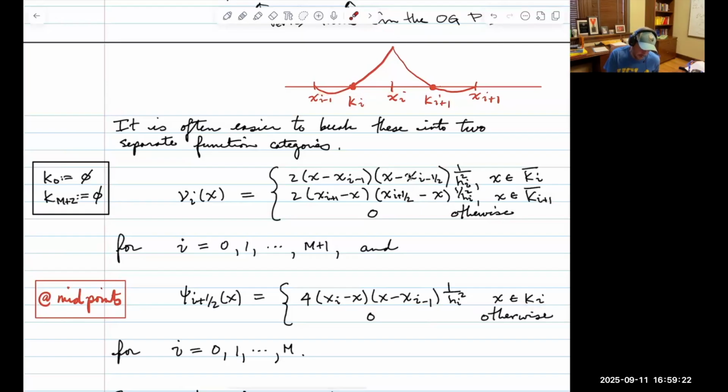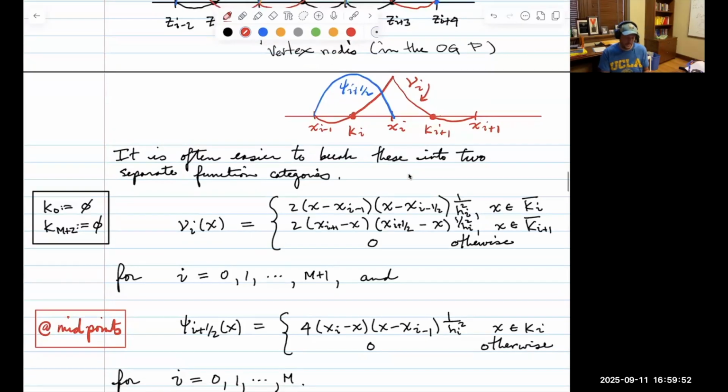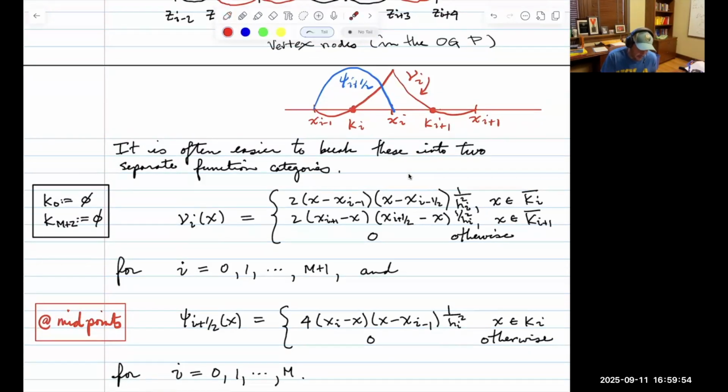So it should be 0 at x_i, and it should also be 0 at x_{i-1}. So the bubble function that we're defining down there is like that. That tells me this thing here I'm calling psi_{i+1/2}, and the red thing I'm calling my new function, nu_i. Those are the two definitions I've just given.